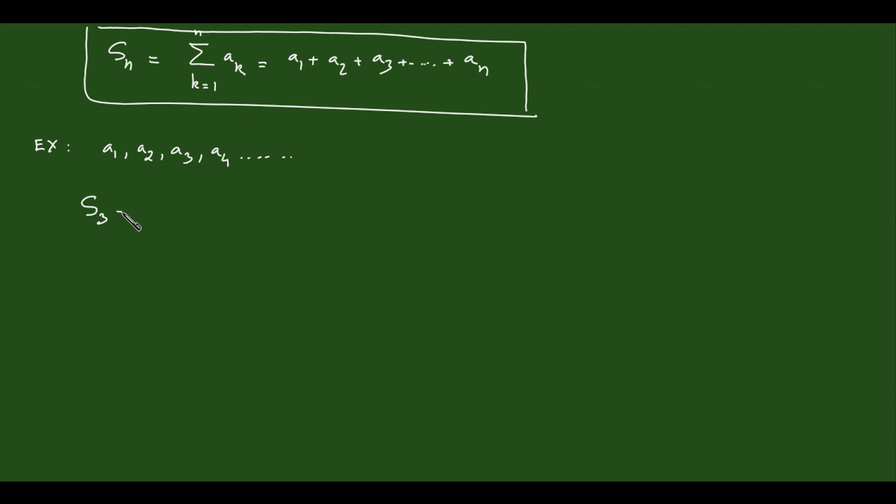S3 will be a1 plus a2 plus a3. This is partial sum notation, and this partial sum notation can be written in sigma notation as the sum of a sub k where k is from 1 to 3.